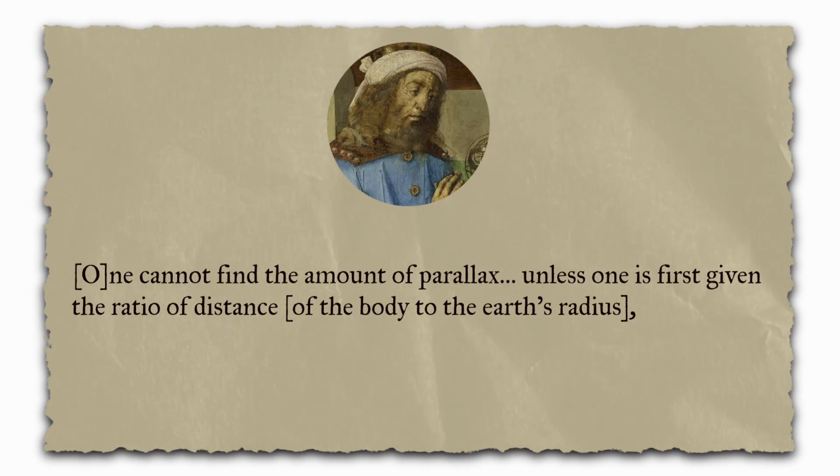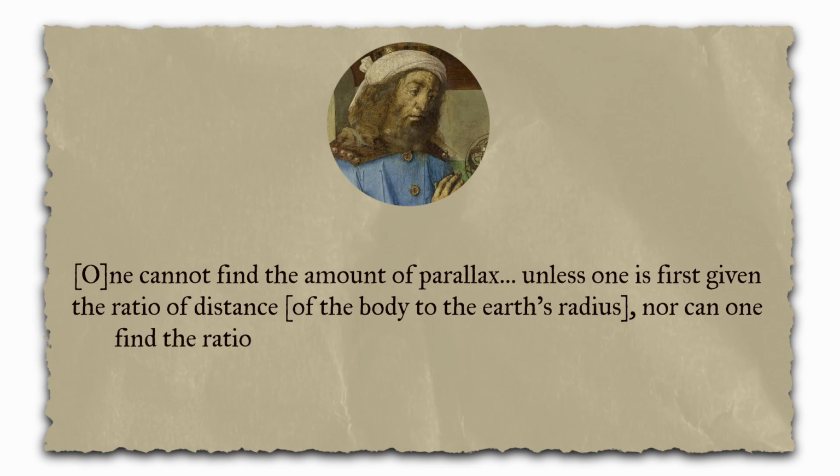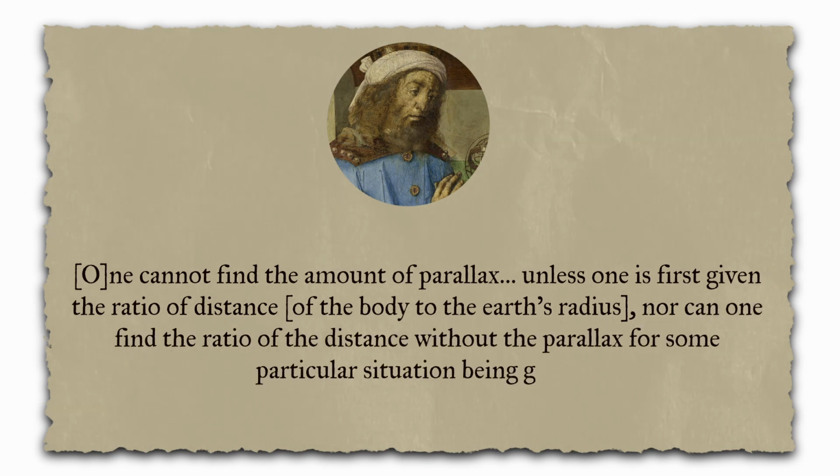Ptolemy states that we can find it if we can determine the amount of parallax in a particular situation. This seems like a bit of a catch-22 in which we need this ratio to find the parallax, yet need the parallax to find the ratio. But as we've seen, Ptolemy is quite skilled at finding particular arrangements that make things easier. We'll see another example of this in the next chapter.